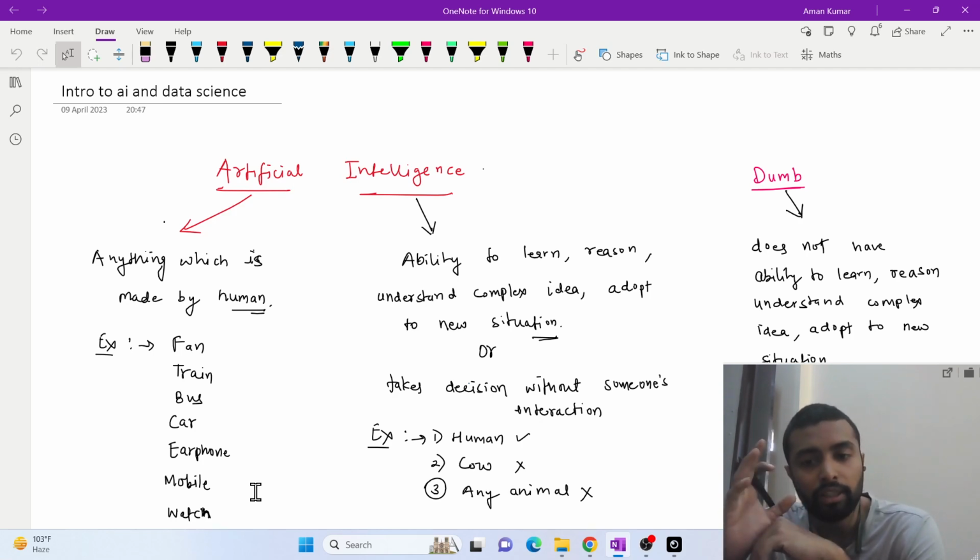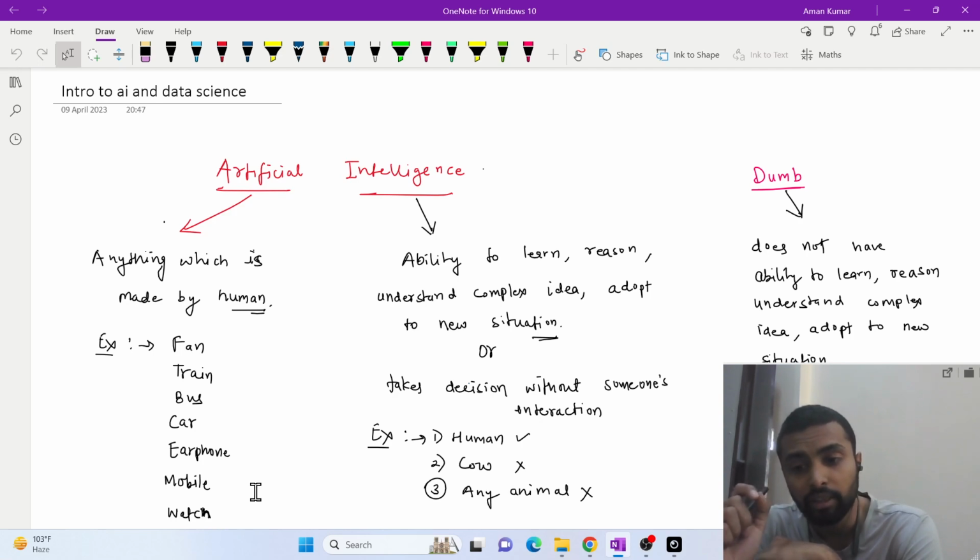In these two words, artificial intelligence, the most important word is intelligence. Artificial has only 20% of the weightage in this name. 80% of the weightage comes from intelligence.